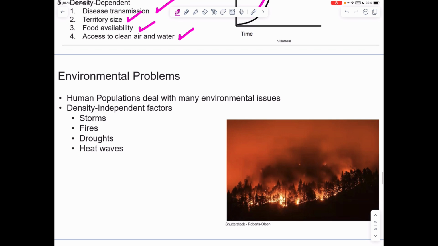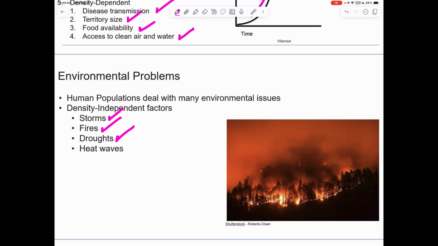I just quickly want to go into these environmental problems again, and these are density independent. Storms. We've seen storms having a massive impact on the availability of housing. When a storm or flooding comes through, it can destroy a lot of housing, causing the displacement of people. Fires are another example of that as well.